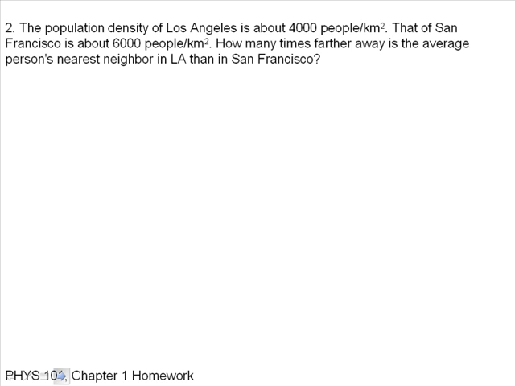So if I look at LA, there are 4,000 people per kilometer squared. So for each person, there is an area of 1 over 4,000 kilometers squared.